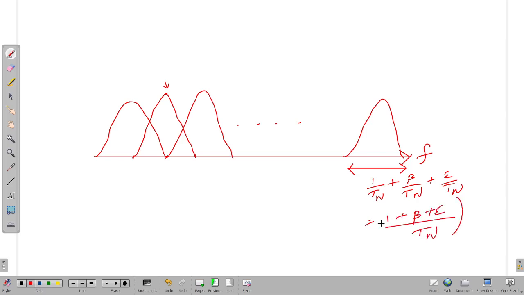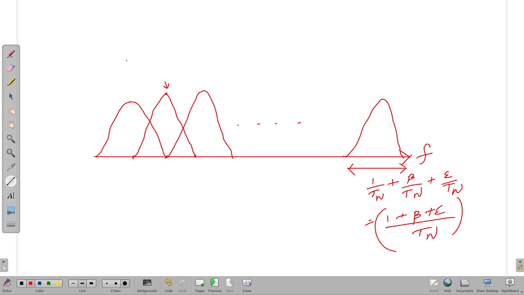But the advantage here is that the subcarriers are overlapping with each other.